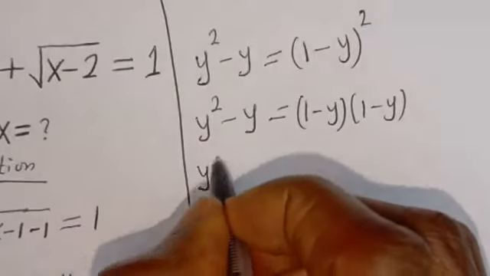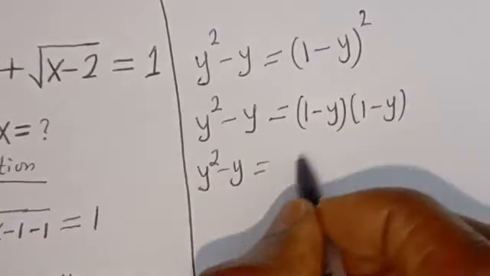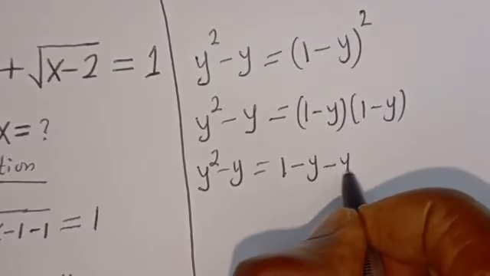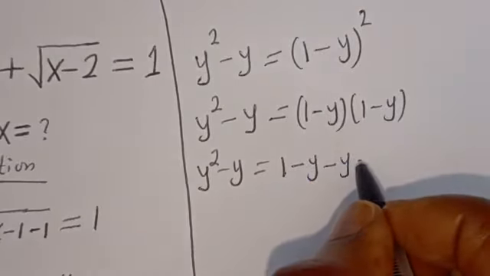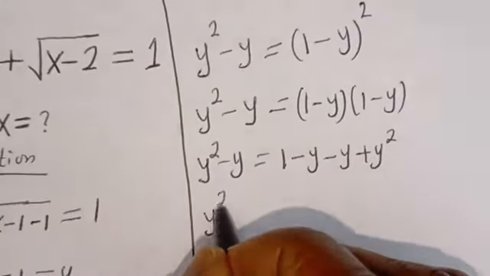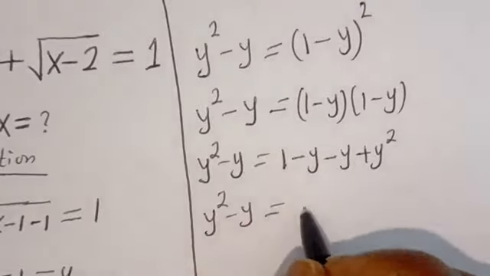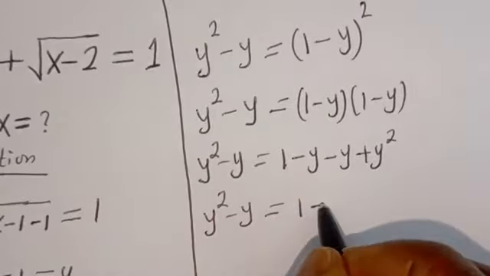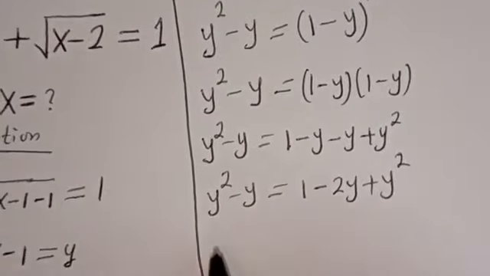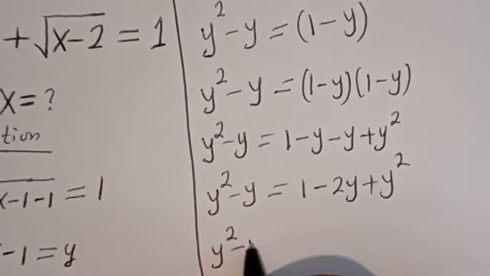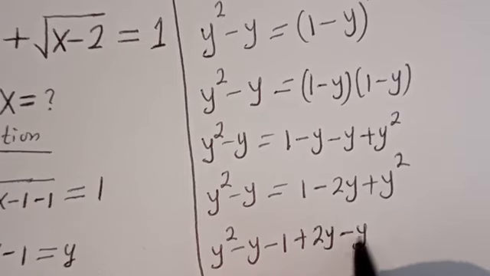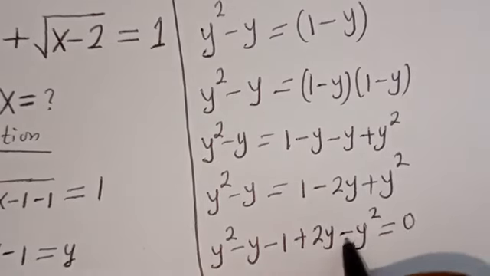Then y squared minus y equal to 1 times 1, 1; 1 times minus y, minus y; minus y times 1, minus y; minus y multiplied by minus y, plus y squared. So we have y squared minus y equal to 1 minus 2y plus y squared. Then this is y squared minus y minus 1 plus 2y minus y squared equal to 0. This we cancel.